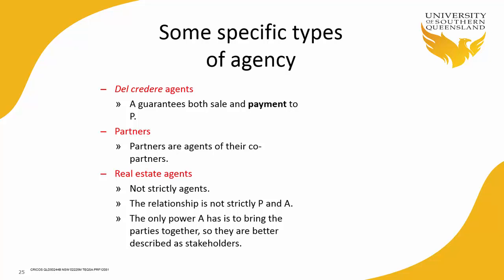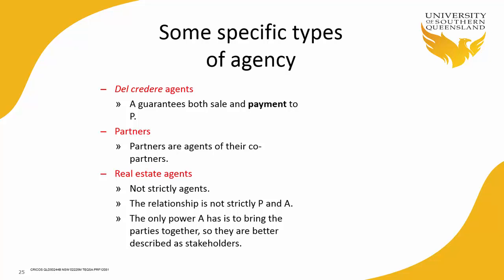That's the third party. Then the agent, this del credere agent, will guarantee that you are going to be paid. There are also partners. So partners are the agents of their co-partners, and then there's this matchmaker that we call real estate agents.